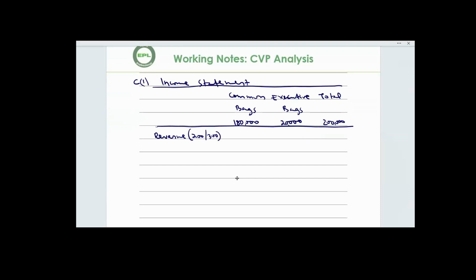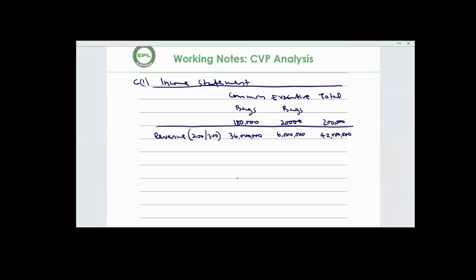Therefore, 200 naira multiplied by 180,000 equals 36 million. Then 300 naira multiplied by 20,000 equals 6 million. When you add the two, that's 42 million naira.